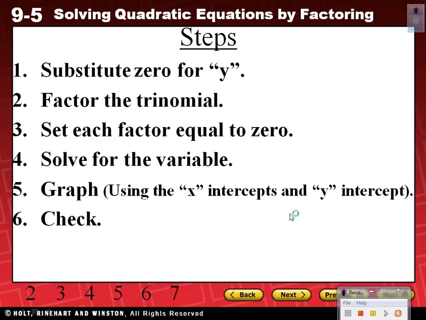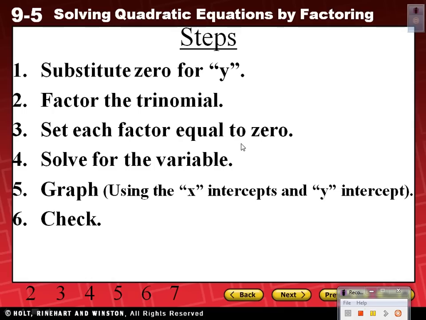Six steps. Step number 1, substitute 0 for y. Step 2, factor the trinomial. Step 3, set each factor equal to 0.